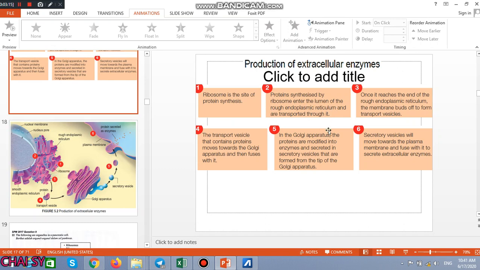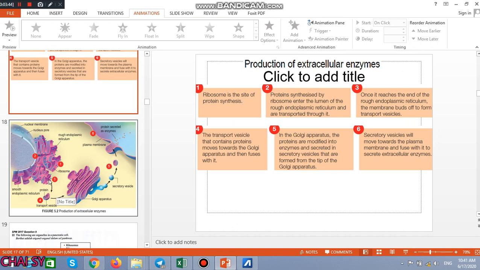Lumen means the hollow space of the RER, and the proteins are transported through it. So the protein is transported throughout the lumen of RER, and keeps going until it reaches outside the RER. What will it do? Once the protein reaches the end here, the end of RER, the membrane bursts off to form transport vesicle.